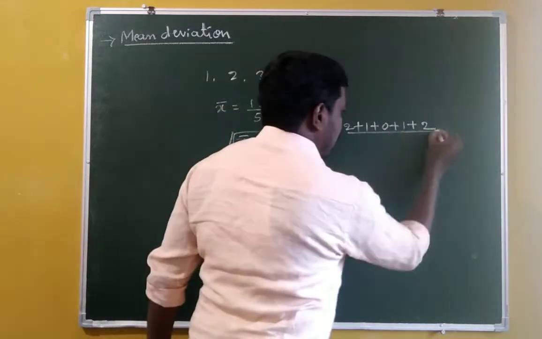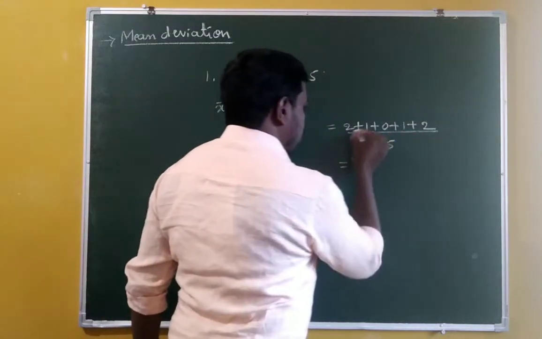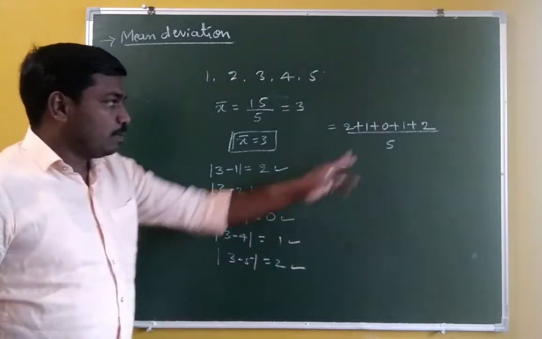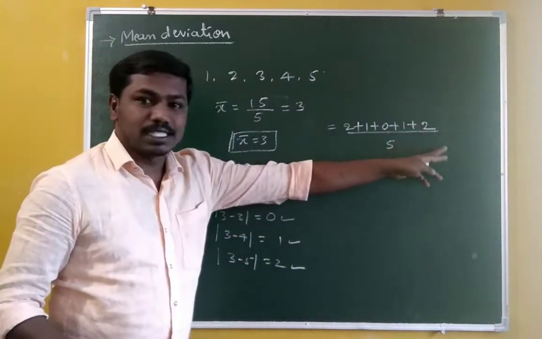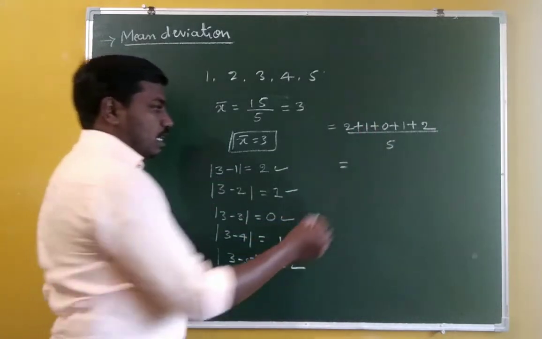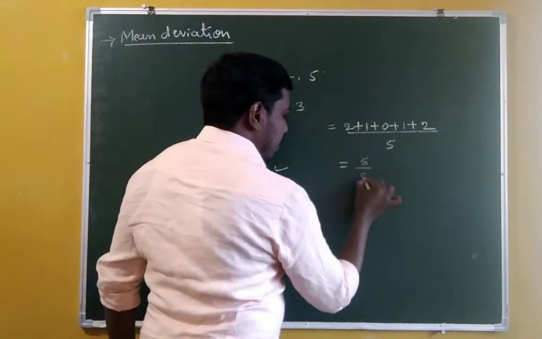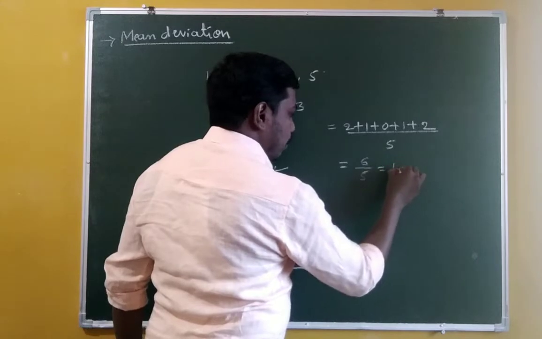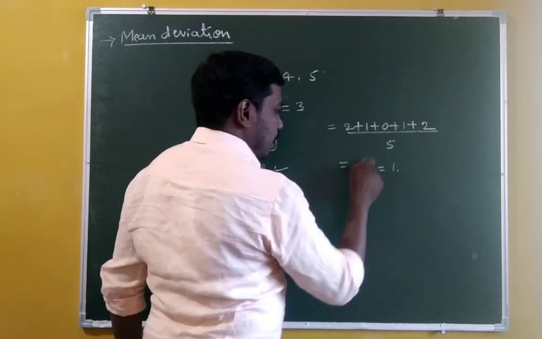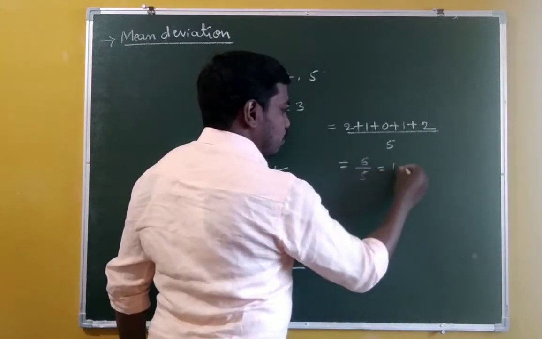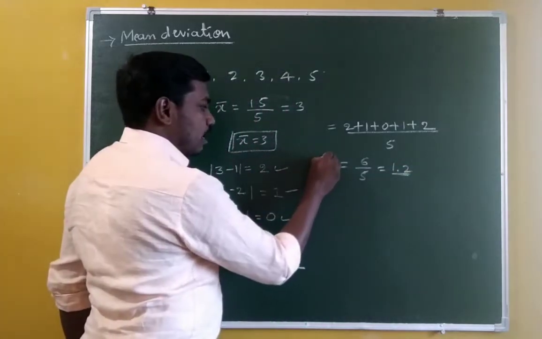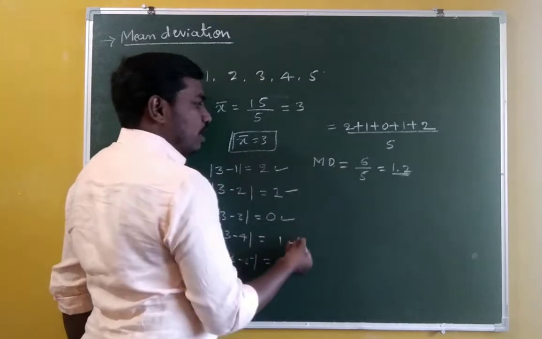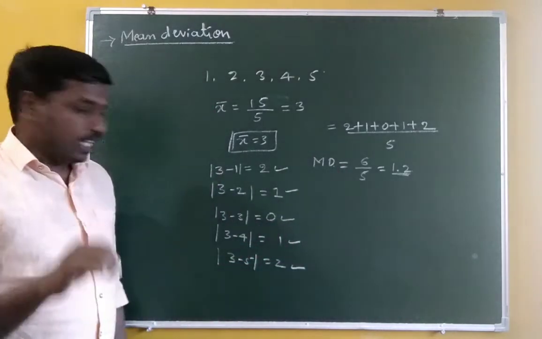So divide by 5. 2 plus 1 is 3, 3 plus 0 is 3, 3 plus 1 is 4, 4 plus 2 is 6. So 6 by 5 is 1 point something: 5 ones are 5, remaining 1, so 5 twos are 10, giving 1.2. So this is the mean deviation from what? Mean.